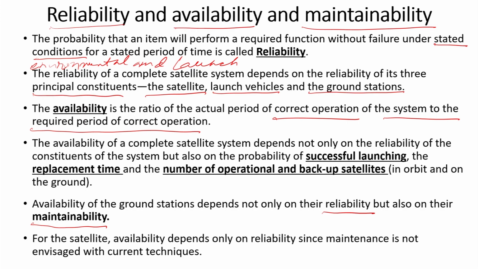For the satellites, the availability depends only on reliability, since if some power system or some subsystem is not working, using current technology we cannot replace that system, or generally it is not done, seeing the cost of the replacement or repairing.